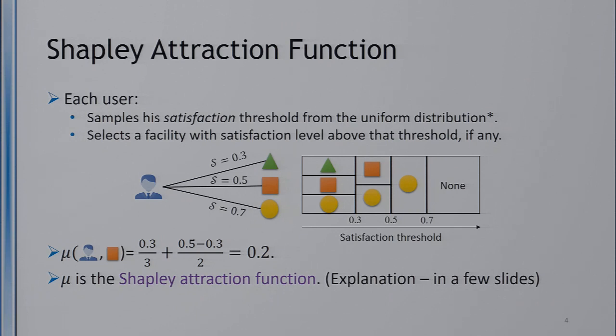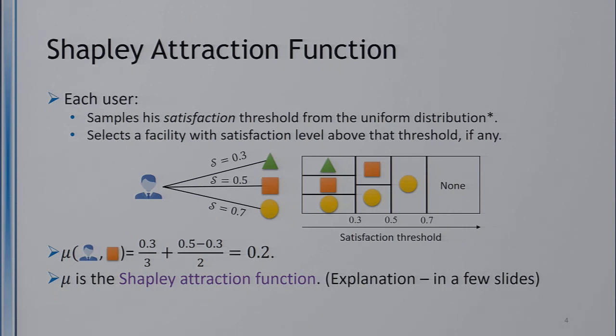So let me illustrate that. We have this user right here, and he has, given the location of the players. The players have already selected their locations, and he has 3 offers with satisfaction levels 0.3, 0.5, and 0.7, and then he samples this satisfaction threshold. Now, if the satisfaction threshold is between 0 and 0.3, then all facilities satisfy him.